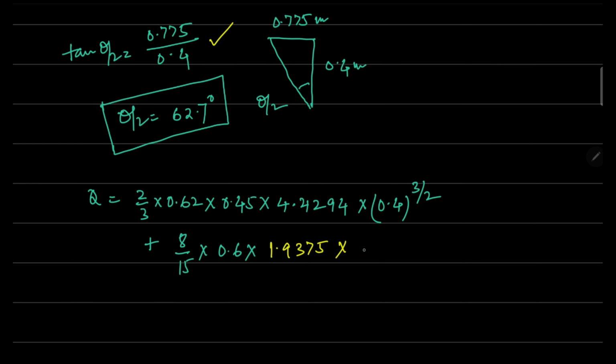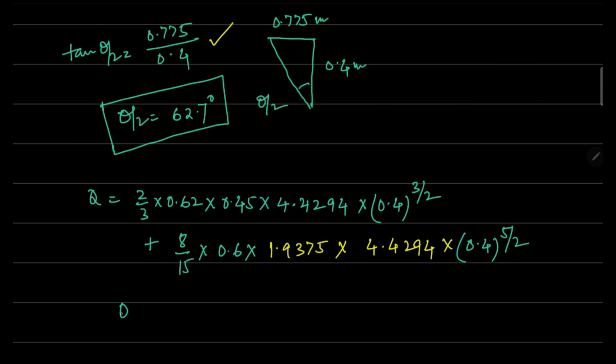Then 1.9375 multiplied by under root 2g, which is again 4.4294, multiplied by h raised to the power 5 by 2. Again h is 0.4, so this is 0.4 raised to the power 5 by 2.